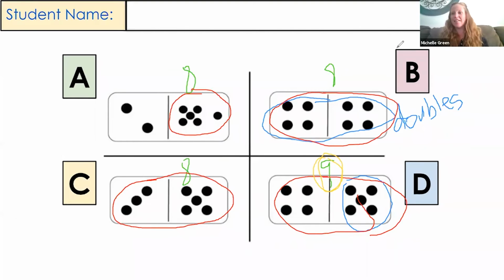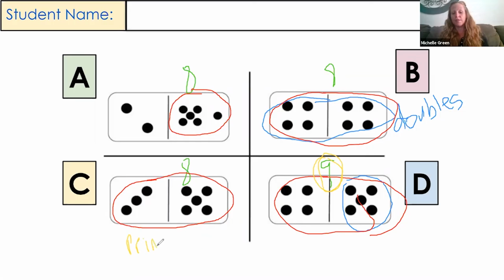Okay, did anybody come up with a reason why C would not belong? They're both prime or odd numbers. Okay, so these both have two odd numbers. That's a great observation. Or prime if you're at the older grades. If I'm working with 5th grade or higher, I know that these are prime numbers.